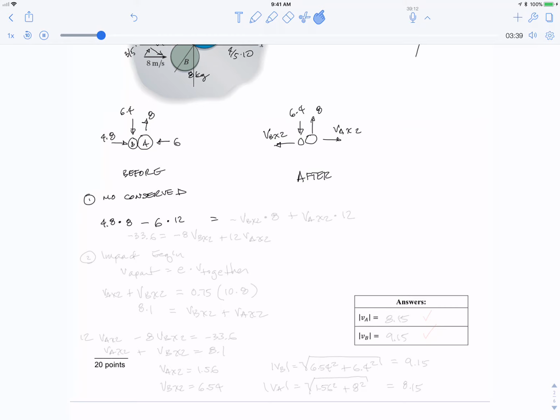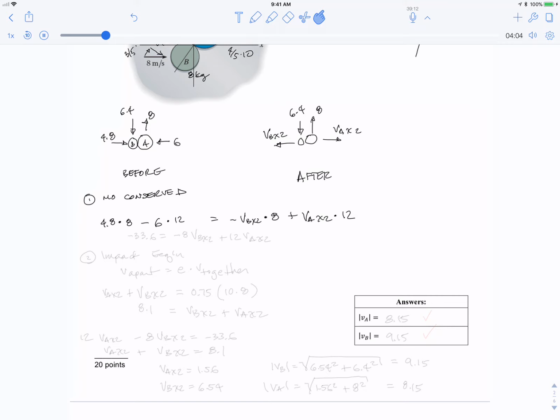That will equal, afterwards, VBX2 negative, because it's going to the left, times its mass of 8, plus VAX2 times its mass of 12, going to the right. I'm going to simplify that and come right back.